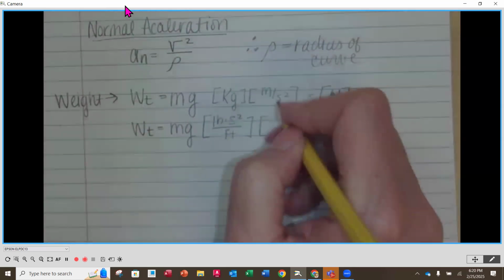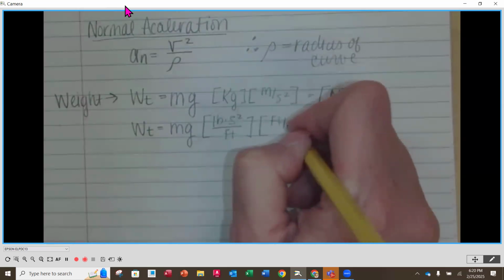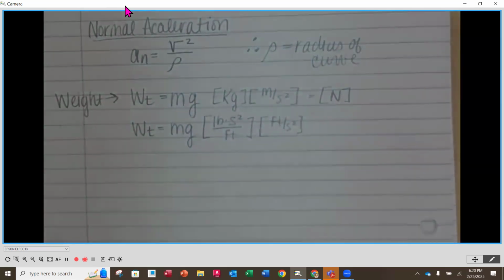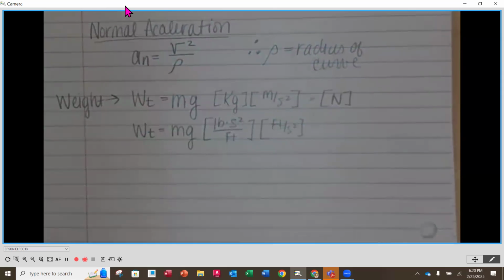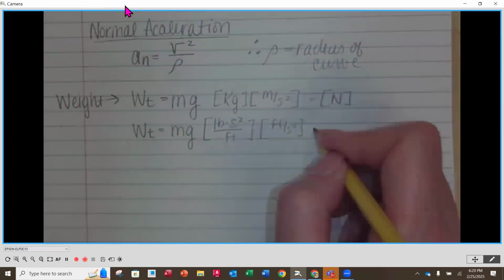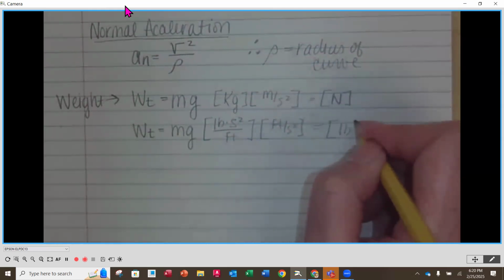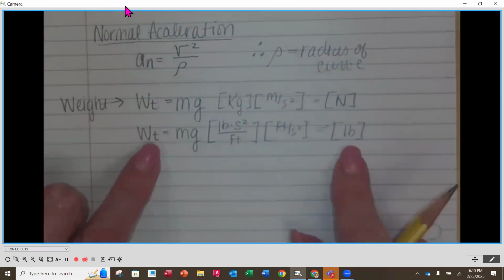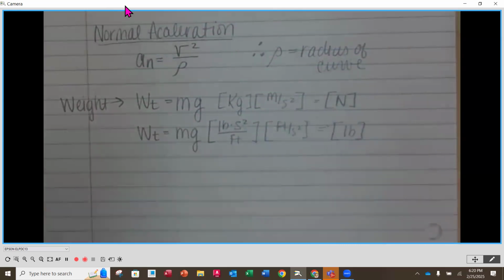And then we multiply that by gravity, which is feet per second squared. And when we multiply those two together, you're going to notice cancellation of units here. And what do we end up with? A pound is going to be the units for weight. So if you see something called out as a pound, because in a problem, it's not going to say the weight of the block is, it usually says 25-pound block.